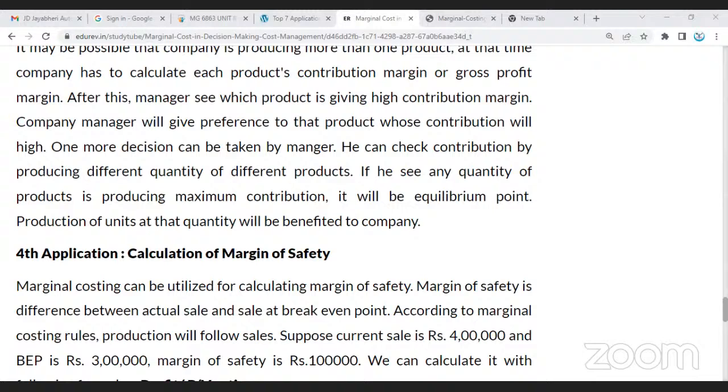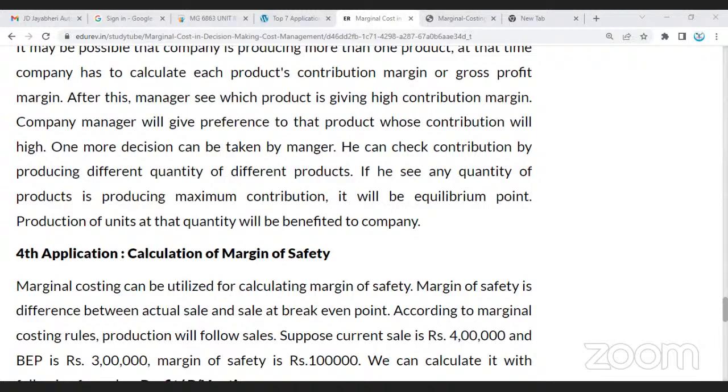The contribution margin is 4 rupees for A product and 2 rupees for B product. The PV ratio, contribution by sales, is 20% for A and 13 and a half percent for B. So A product gives higher profitability compared to B product.